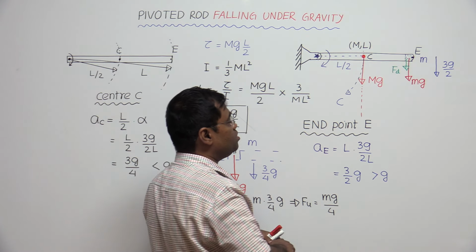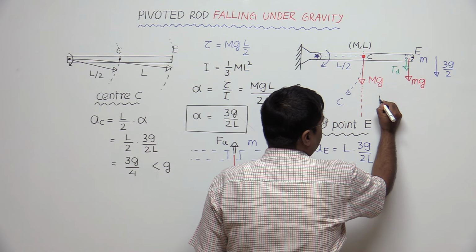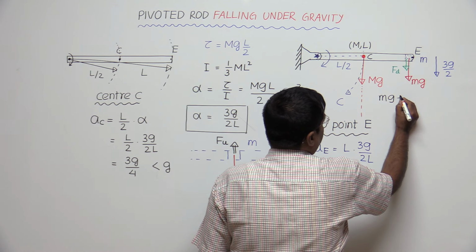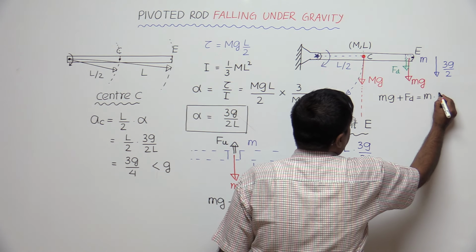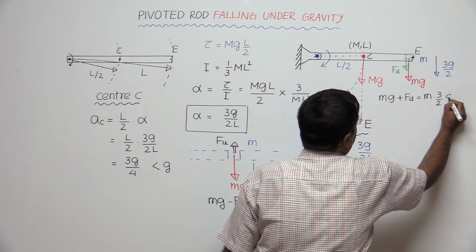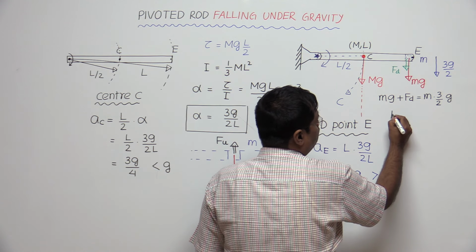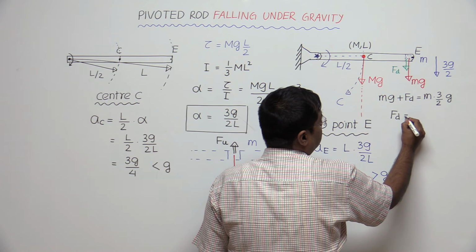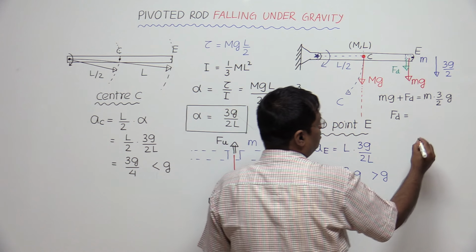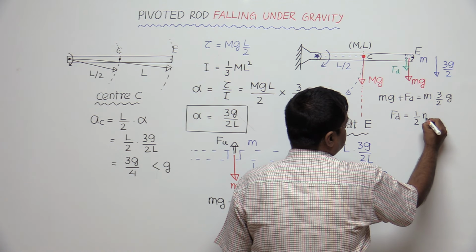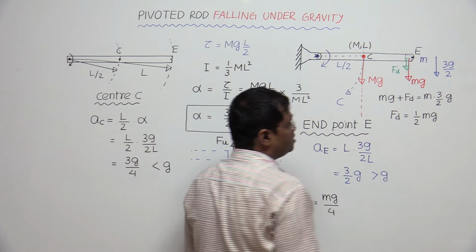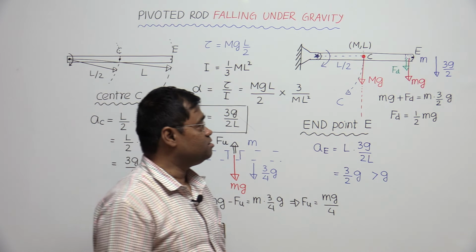The sum of the driving forces, mg plus another driving force Fd, equals mass times the concerned acceleration, that is 3 by 2 into g. From that we can get what force the other parts of the rod are exerting on this small part. We can get half times the mass of the part times g by subtracting 3 by 2 mg minus mg.